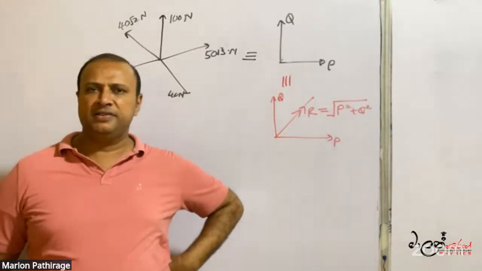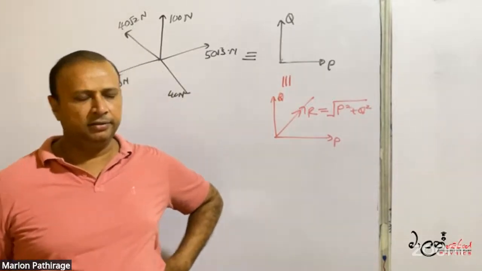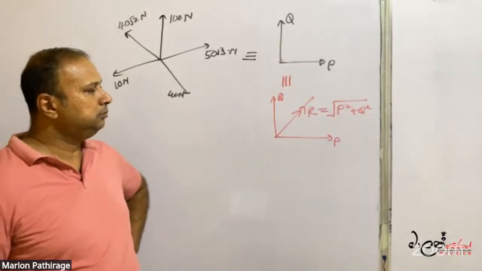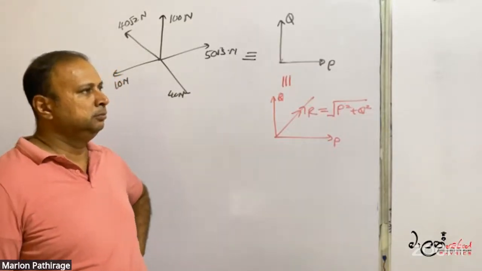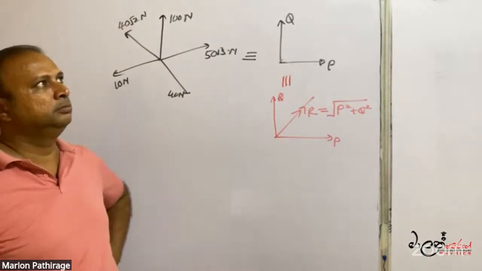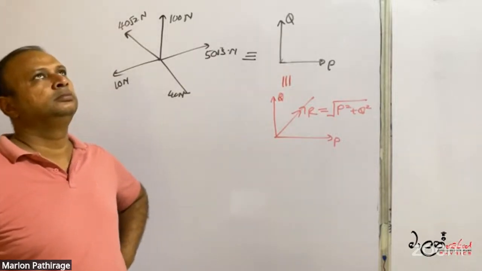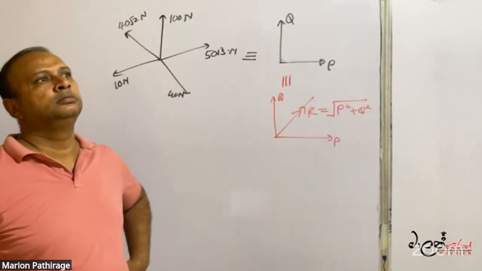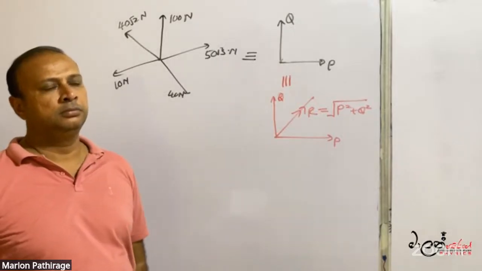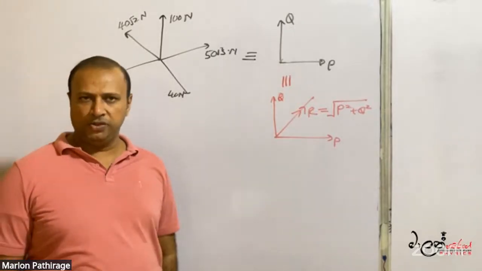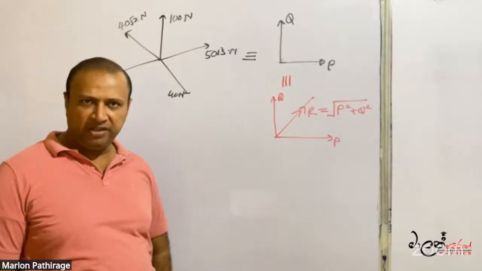to find the resultant, we can use the following two methods.